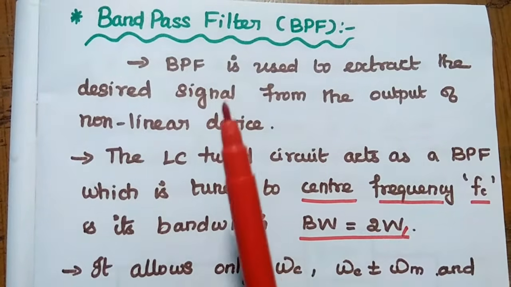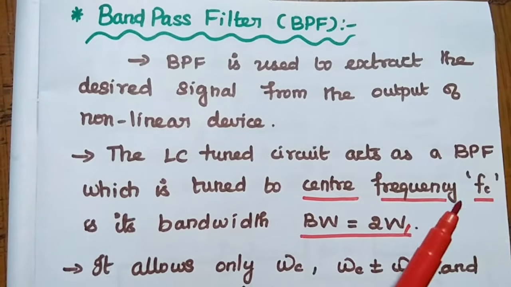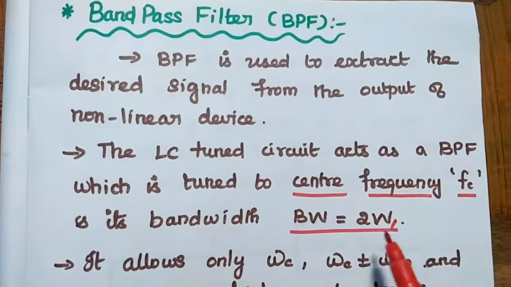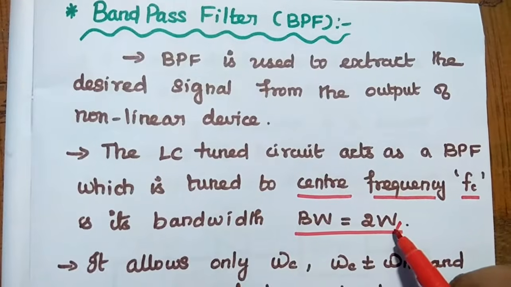This band pass filter is tuned to a center frequency equal to the carrier frequency, and its bandwidth is twice the modulating frequency. Here, 2W.